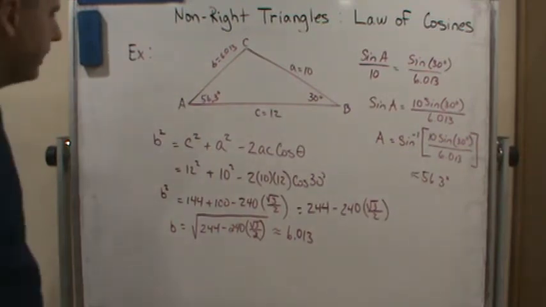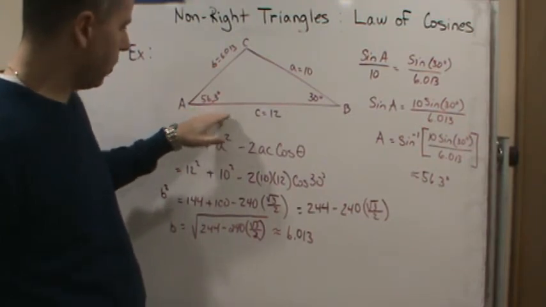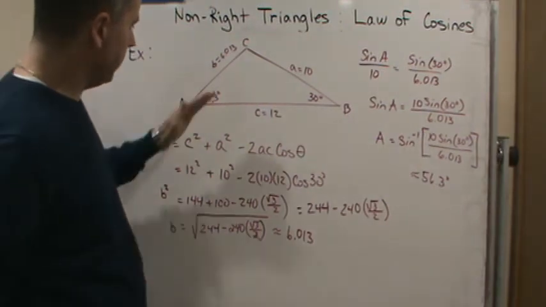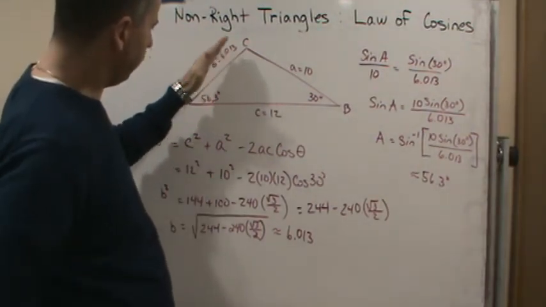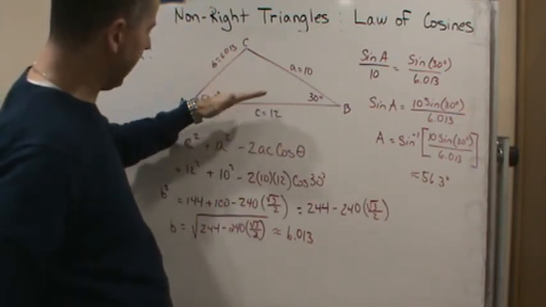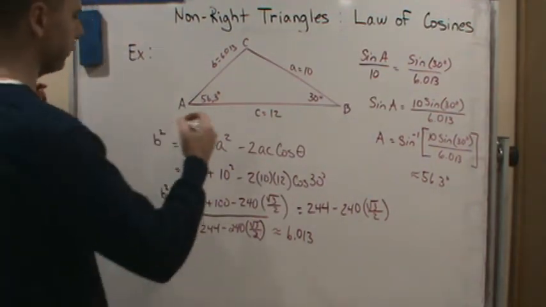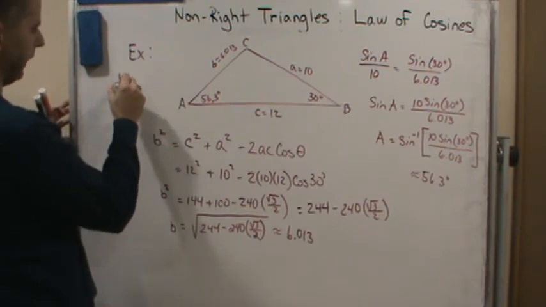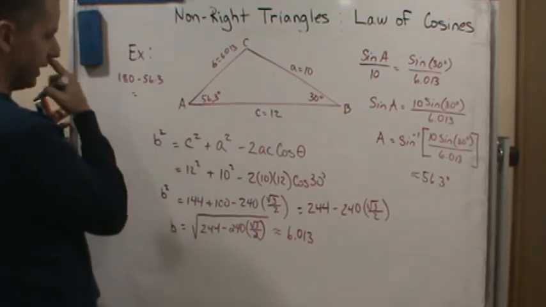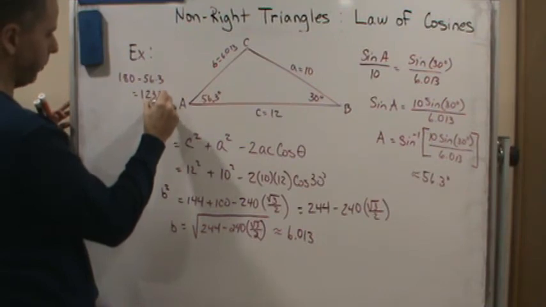Looking at the diagram, this angle is adjacent to the longest side, so if we swing this side, there could be a possibility of two possible triangles. If we take 180 degrees minus 56.3, that gives us 123.7 degrees.